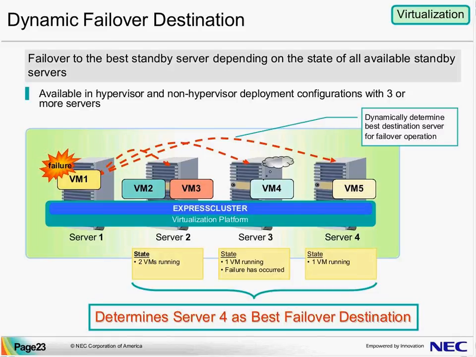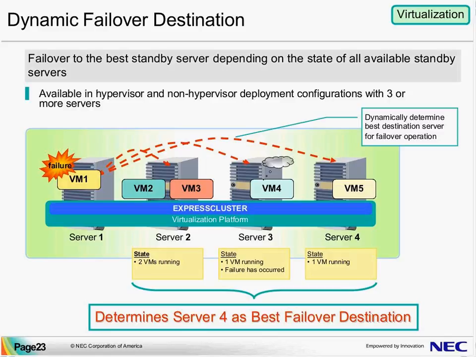Then it would also look at server 3 and determine there's one virtual machine running, but there's also a component failure on that server, so it's not the best candidate. Then it will move on and look at server 4, and it would determine that since it has only one virtual machine running, and there are no other warnings of failures at the component level, that would be the best server. So in this case, it would dynamically determine server 4 as the target server for failover.